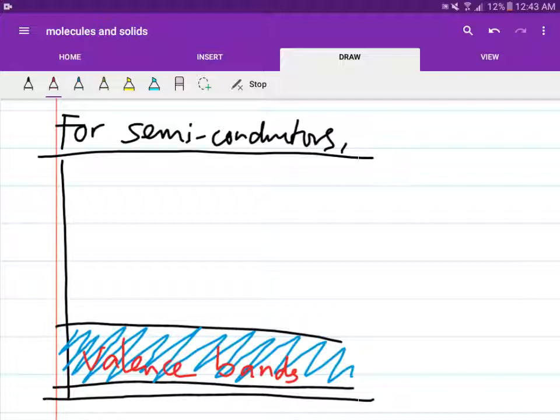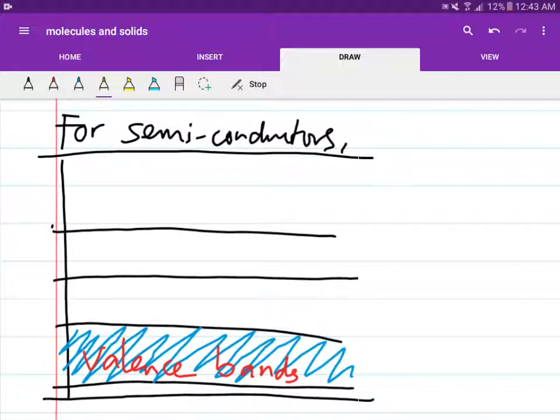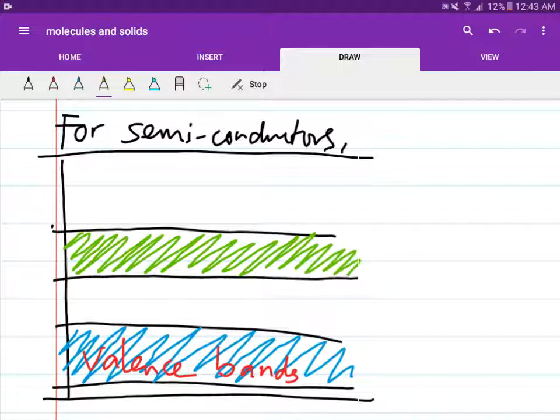Now, for semiconductors, it's sort of in between an insulator and a conductor.